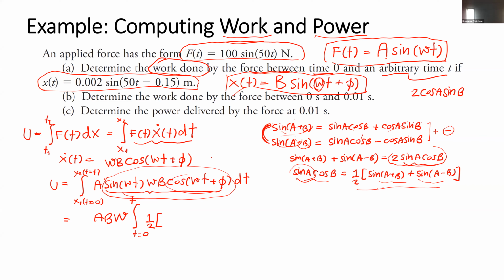Sine A multiplied by cosine B gives 1/2 of sine A plus B plus sine of A subtract B. So A plus B will be 2 omega t plus phi. And what is A subtract B? We're going to have sine of minus phi dt.